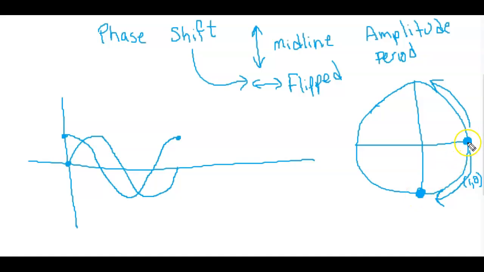In this case, if I'm starting down here, I could either say that I wanted to move it negative 90 degrees, or I could say that I'm going all the way around 270 degrees. You could think about that either way. But what we're saying is that instead of starting at 0, I want it to start at negative 90.